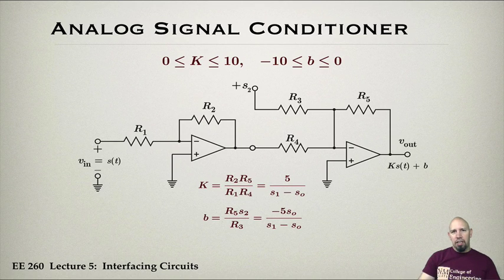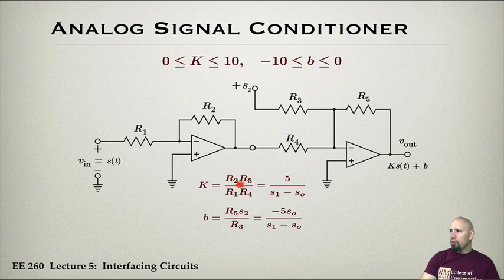plus and minus, the 0 to 5 volt range out here. Okay, this voltage, if this is plus and minus 10 volts, this can never be greater than 5. You don't ever want it to be greater than 5. So that may mean making K a little bit smaller.